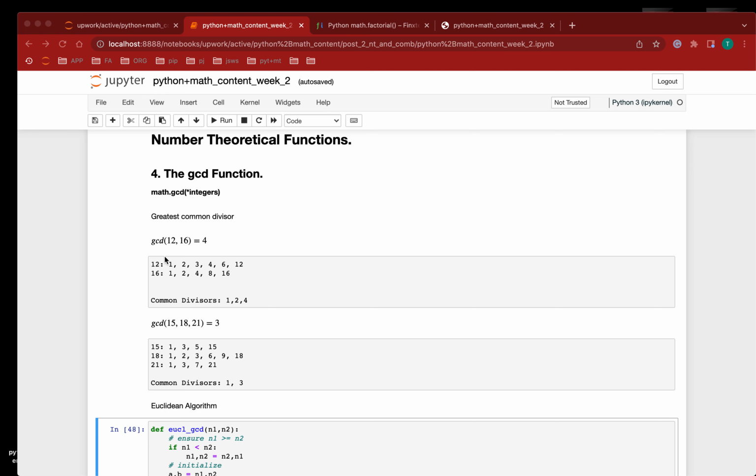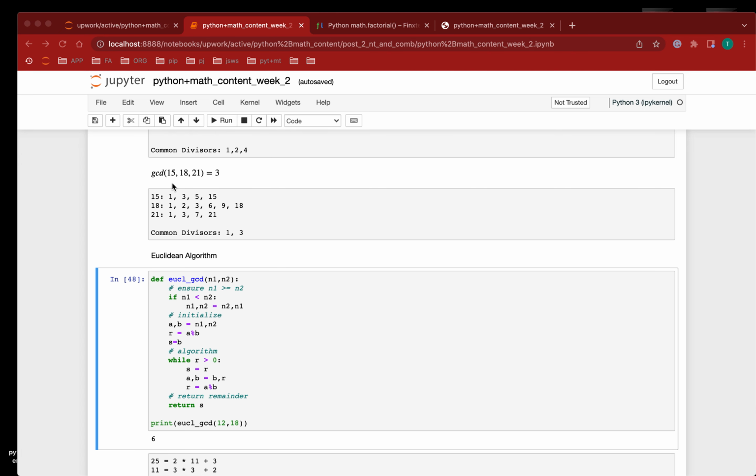The divisors of 12 are 1, 2, 3, 4, 6, and 12. The divisors of 16 are 1, 2, 4, 8, and 16. Therefore, their common divisors are 1, 2, and 4. And so the biggest of these is 4, so the GCD is 4.